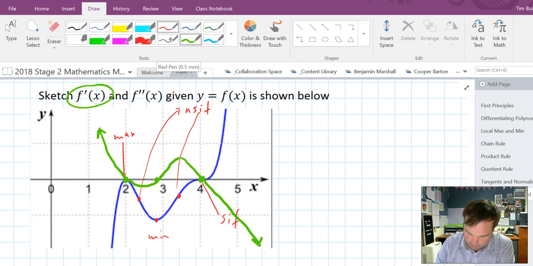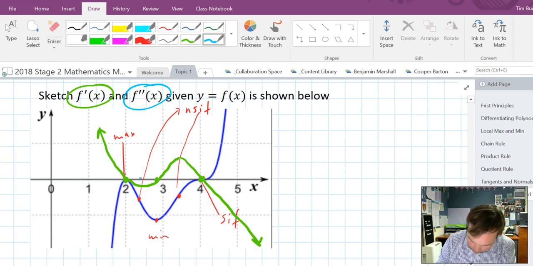Let's change colour. I might go to really light blue for the second derivative. Where there are inflection points, the second derivative must be 0. So the second derivative here will be 0 at that inflection point, it will be 0 at that inflection point, and it will be 0 at this inflection point here. Here is concave down, and concave down means we're negative.